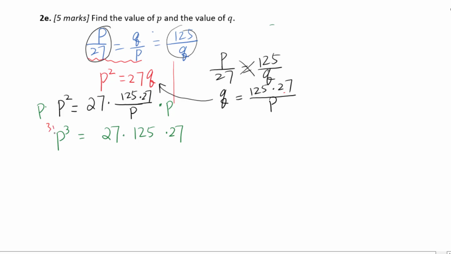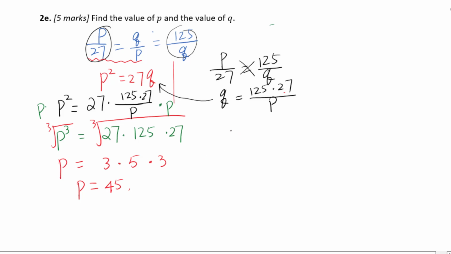Then we will take the cube root of both sides. p equals the cube root of 27, which is 3, times the cube root of 125, which is 5, times the cube root of 27, which is 3. So we get p equals 45.